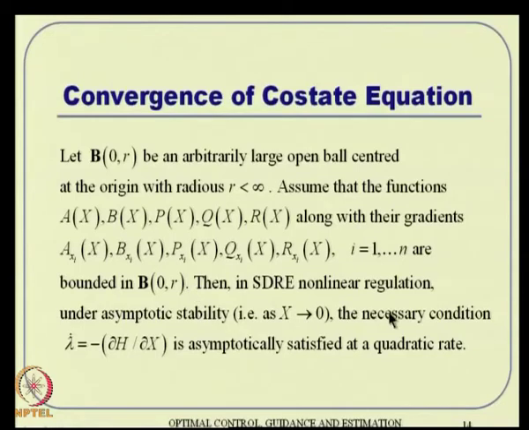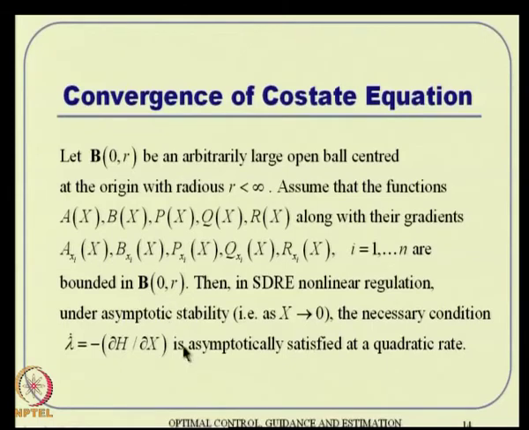Then it tells you that in SDRE nonlinear regulation, under asymptotic stability, that means when x tends to 0, the necessary condition lambda dot equal minus del s by del x is asymptotically satisfied, and not only that, it is satisfied at a quadratic rate as well. So, to summarize simplistically, all that you have to make sure is that all these state dependent functions as well as their partial derivatives remain bounded in that ball.